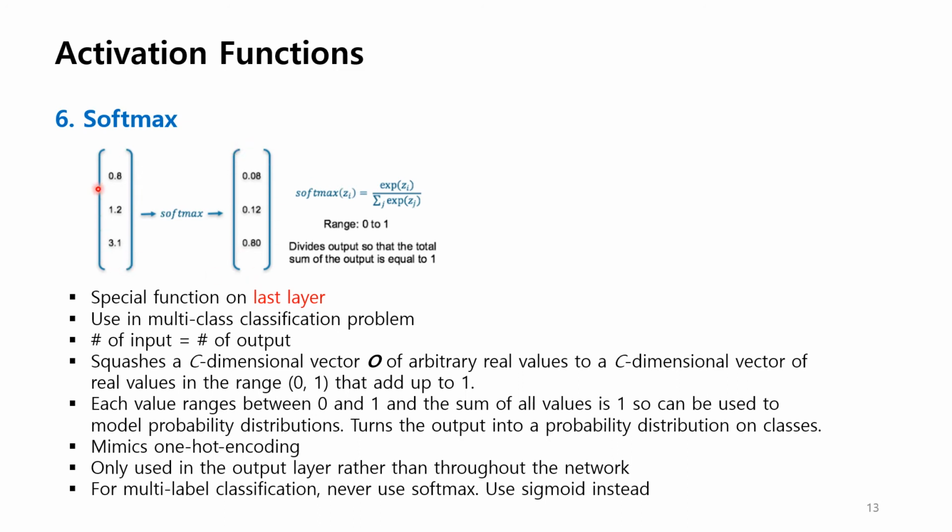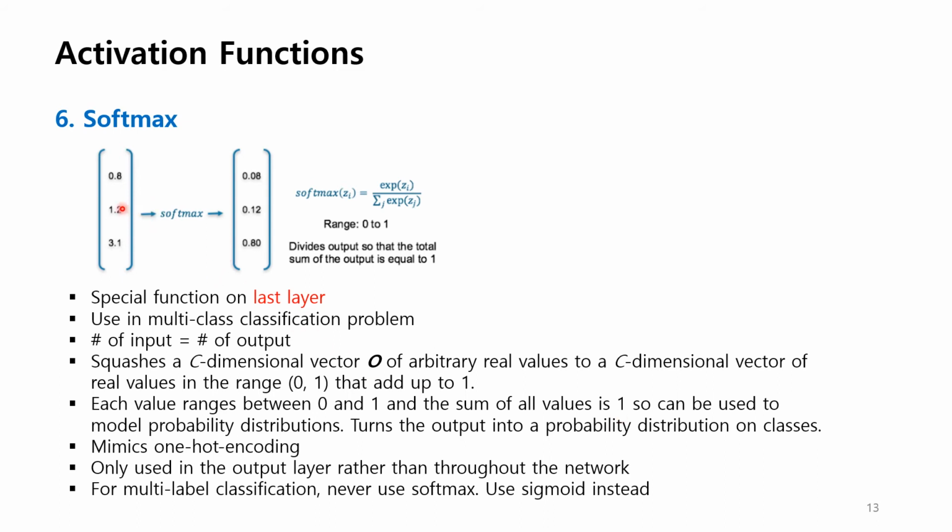So the number of data here should be the same. Okay. So actually, what softmax does is it squashes the entire data into ranges between 0 and 1, and the summation is 1. Okay, that's what softmax does. And each value now ranges between 0 and 1 because it's a probability, and the summation should be 1 because it is a probability distribution. Okay.